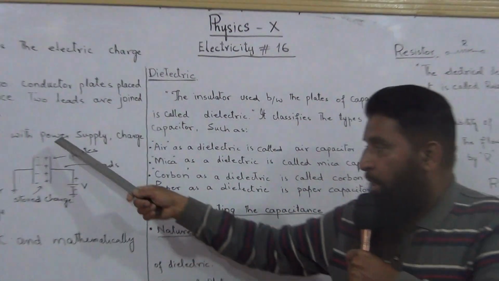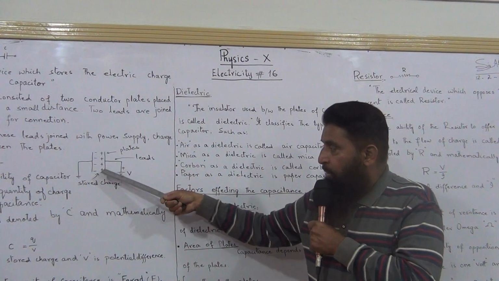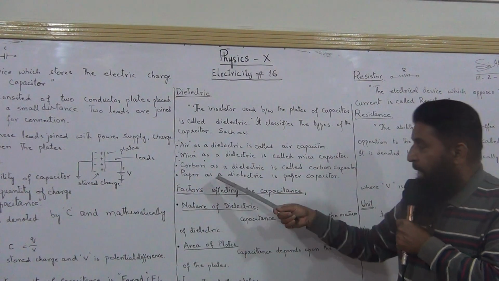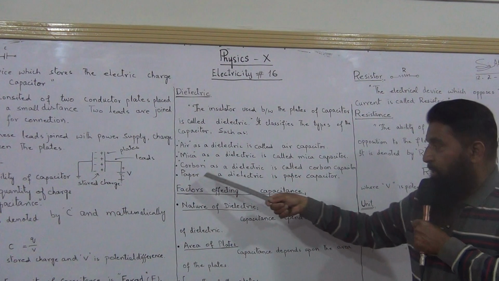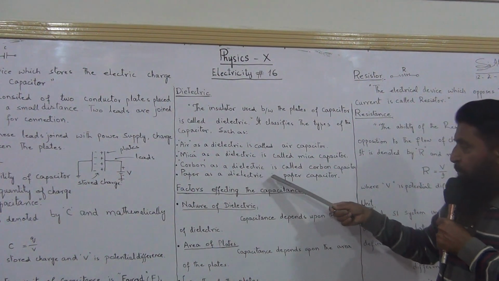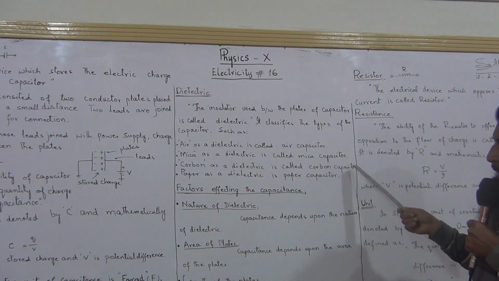We also use carbon between these two plates. That capacitor in which carbon is the dielectric is called a carbon capacitor.